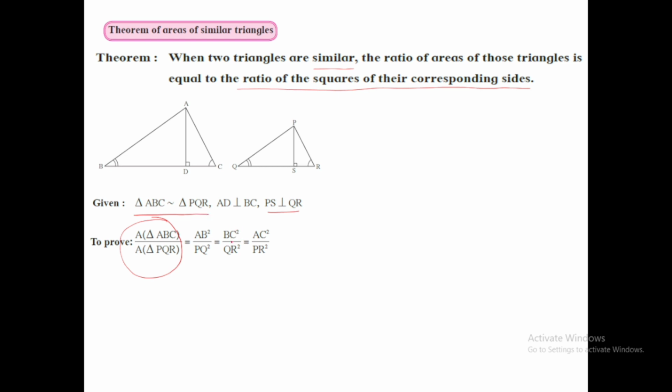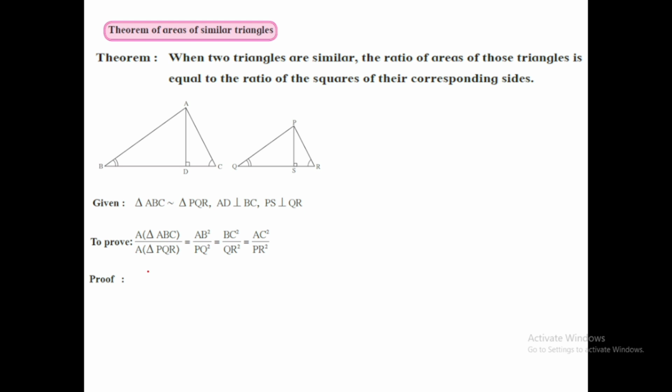The second ratio is BC square divided by QR square, because BC and QR are the corresponding sides, and the remaining ratio is AC square by PR square. So we have to prove area of triangle ABC divided by area of triangle PQR is equal to AB square by PQ square is equal to BC square by QR square is equal to AC square by PR square.